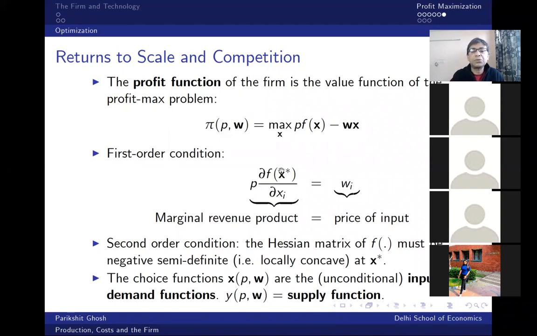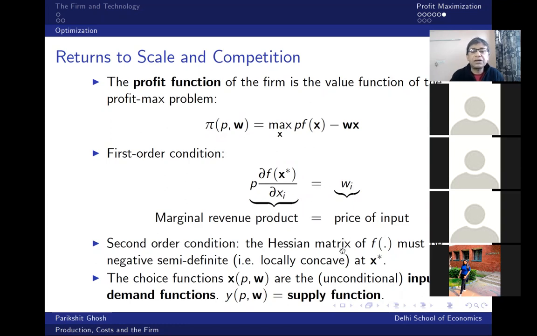That is how much monetary value that extra worker is generating. So that's the marginal revenue product of that extra worker. That has to equal the price of that extra worker, which is the wage that has to be paid to that worker. So this is the usual marginal condition, right? Again, this crops up over and over in this sort of marginal analysis.